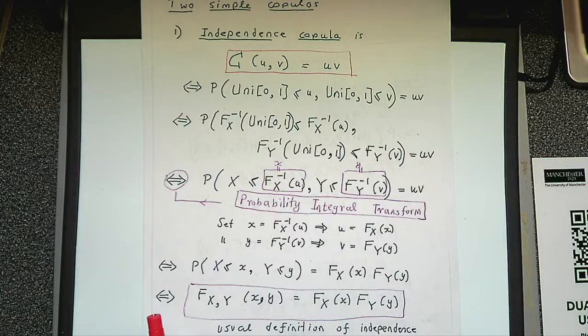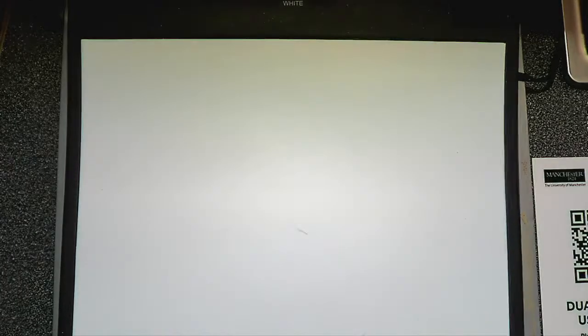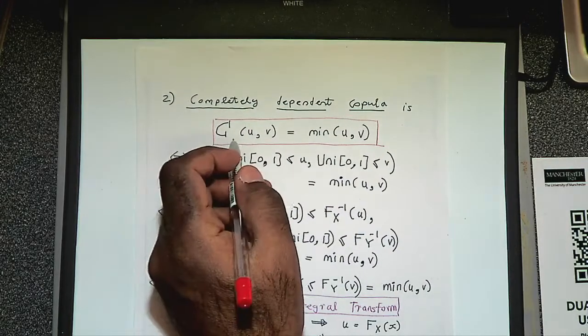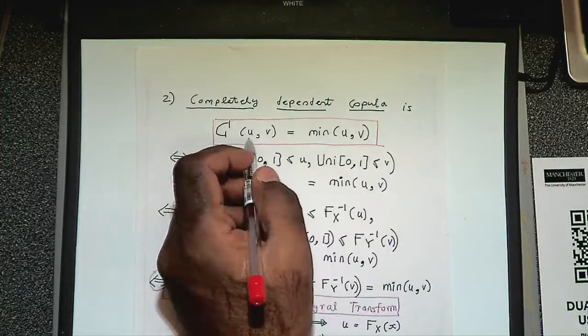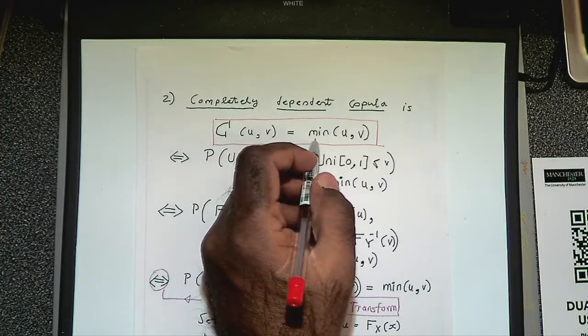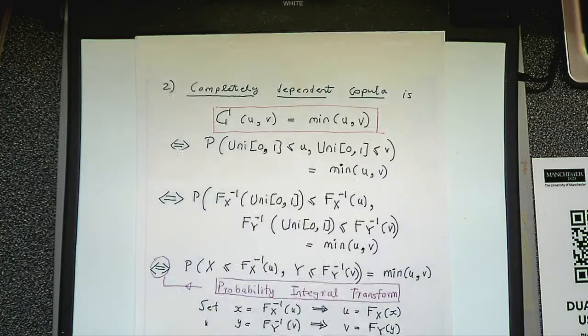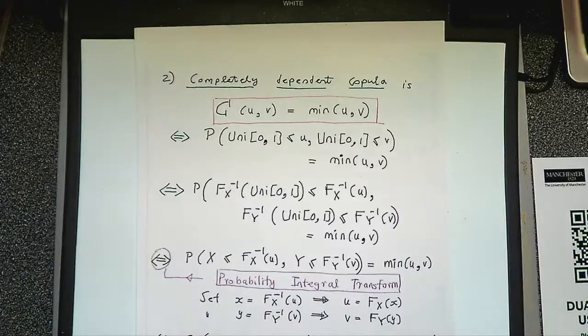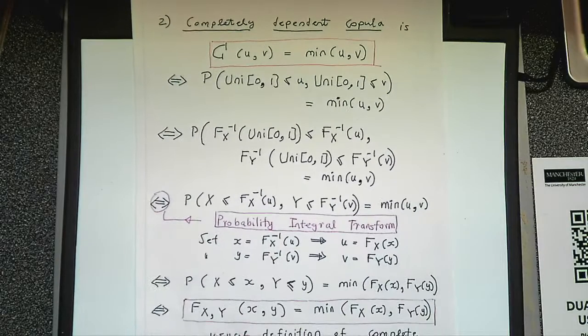The next thing, so that's a simple copula. The second simple copula is known as the completely dependent copula, right? And it is defined by this: C of u comma v is equal to the minimum of u comma v, right? Now I'm going to show you that this statement is equivalent to this statement at the bottom.